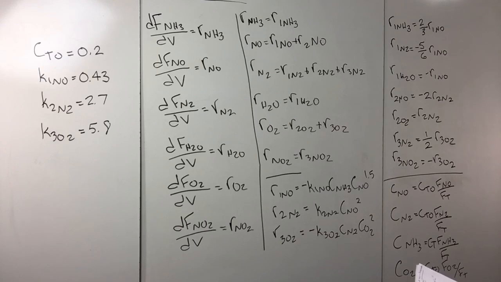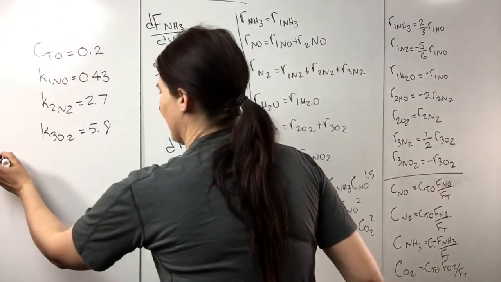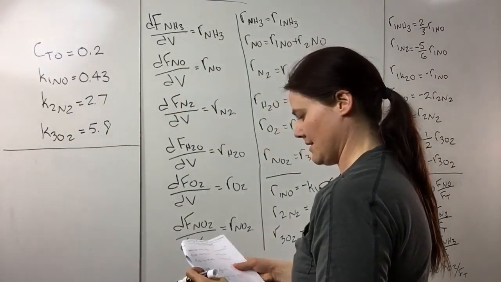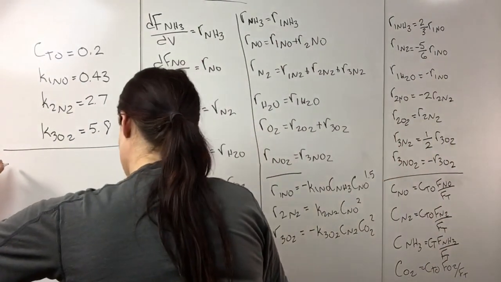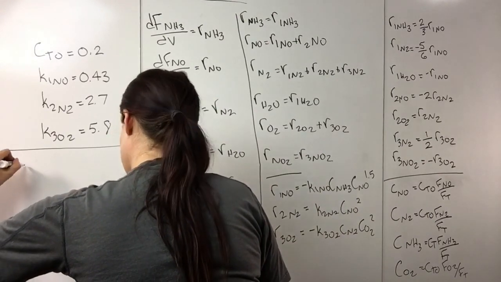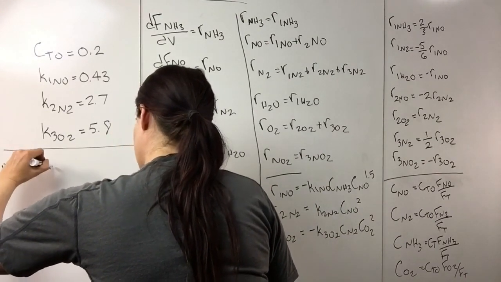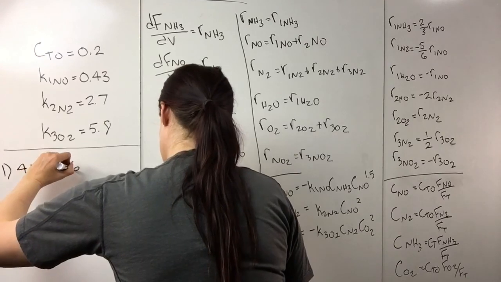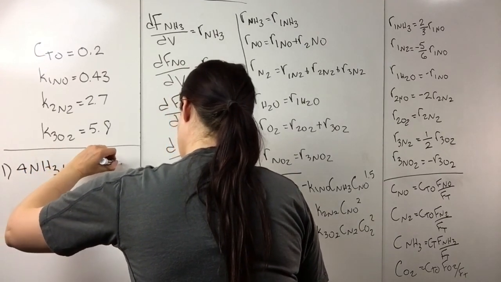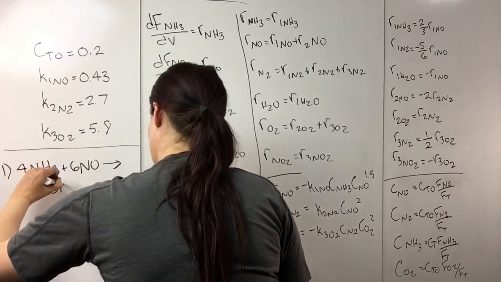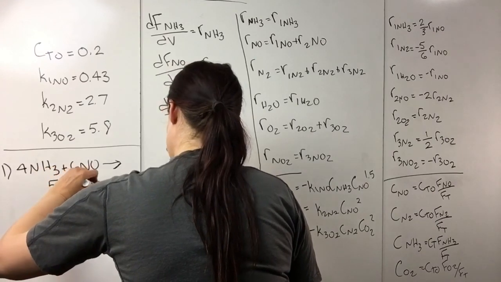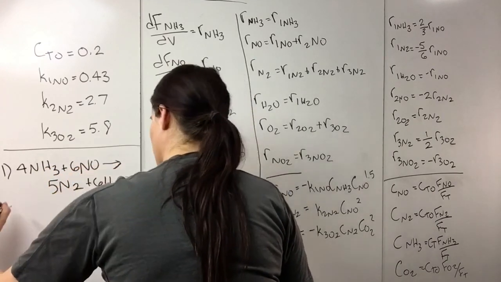So for instance, let's see, is there room to write it? I'd kind of like to write the actual reaction that we're solving. So this was 4NH3 plus 6NO to 5N2 plus 6H2O.